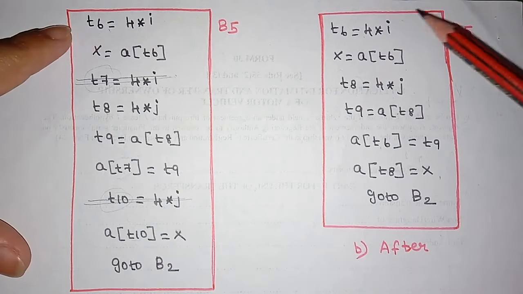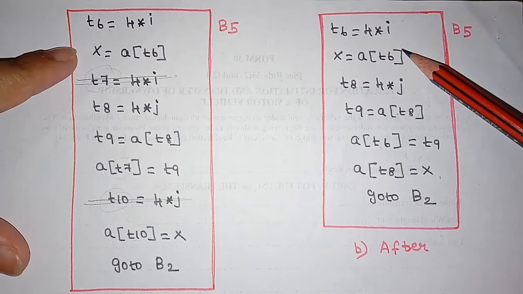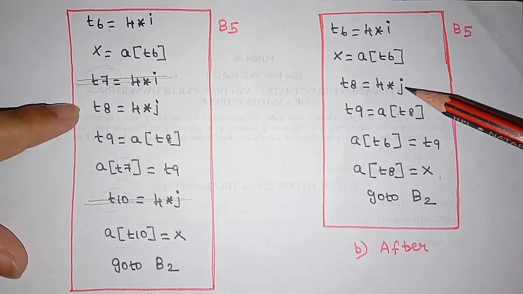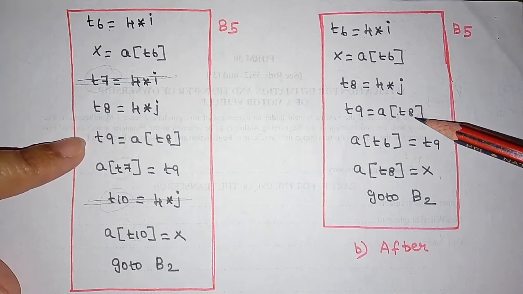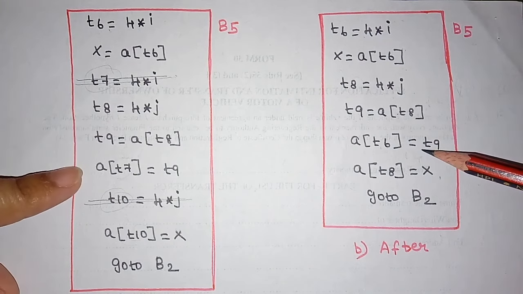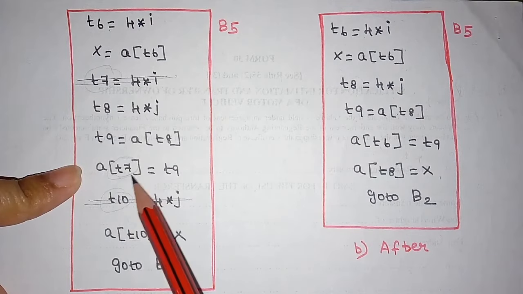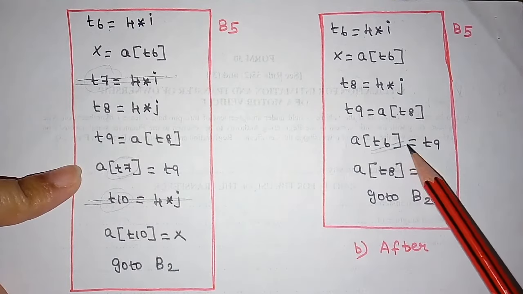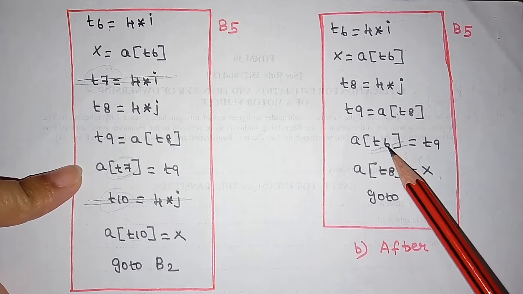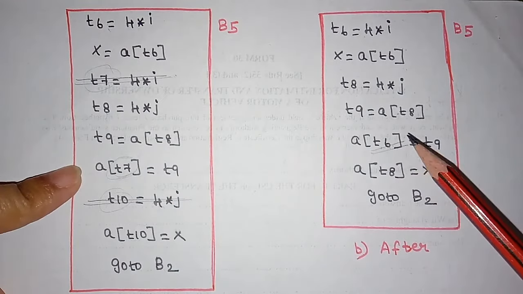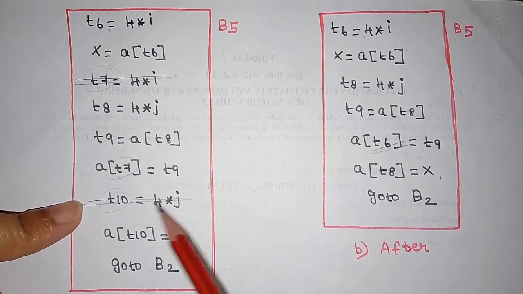So the first statement is similar here, and the second statement is also similar. We just deleted the third statement. Then the fourth statement is the same. Coming to the fifth statement, it is also the same. Then coming to the sixth statement, instead of t7 we have given t6. We used t6 here, replacing t7 with t6. Then coming to this statement, we deleted it.